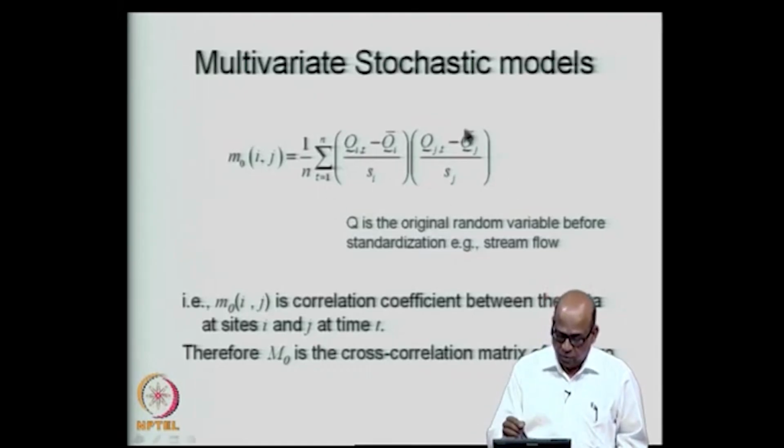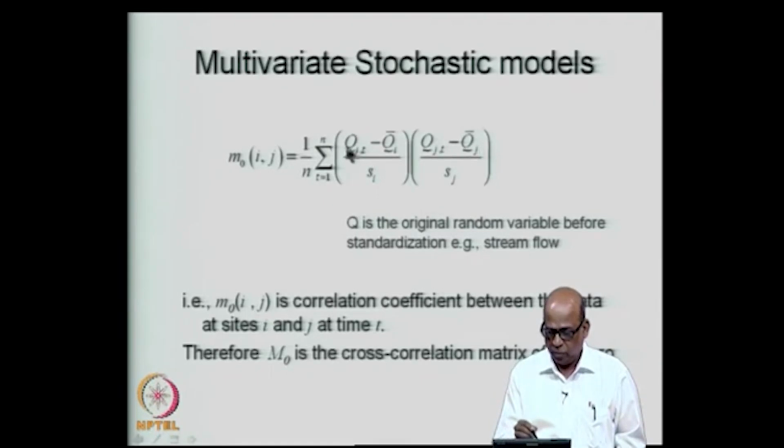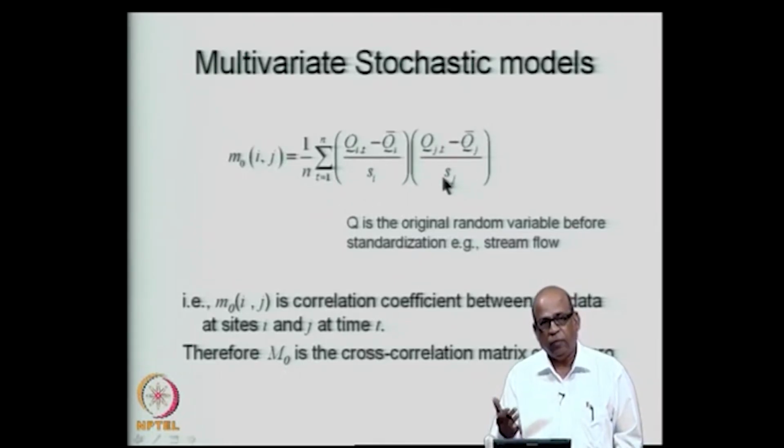Can you look at this and identify what this is? This is q_i(t) minus q_i bar into q_j(t) minus q_j bar. So, this would have been the variance-covariance when you are summing it and dividing it by n, and then you are normalizing with s_i and s_j, and therefore, it in fact indicates the cross correlation between the flow at site i and site j.